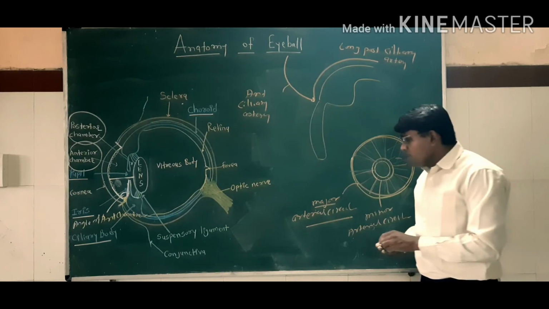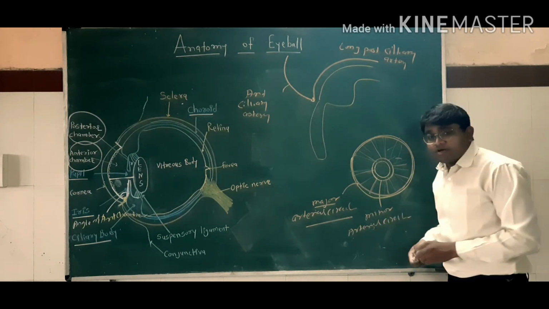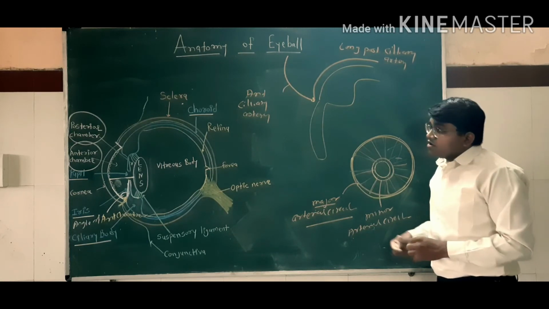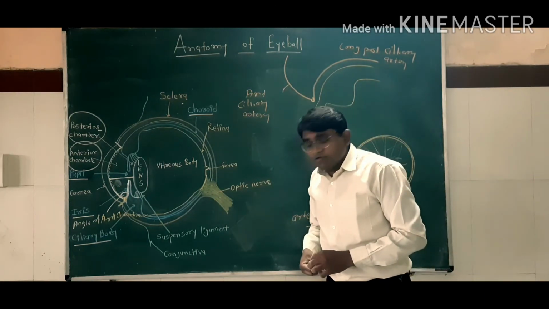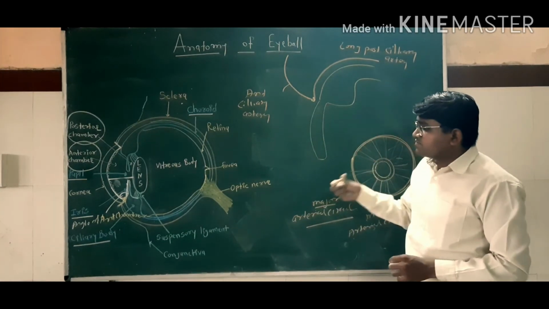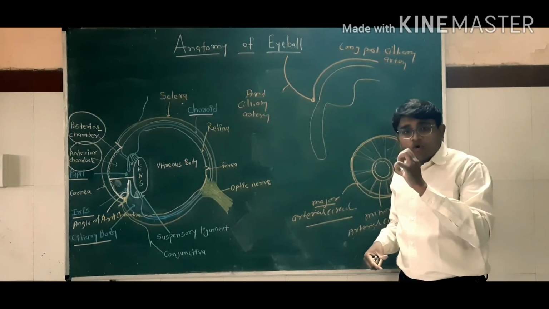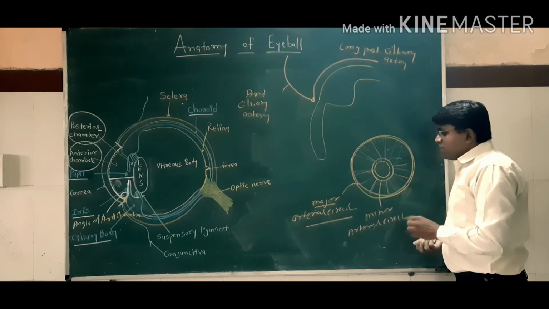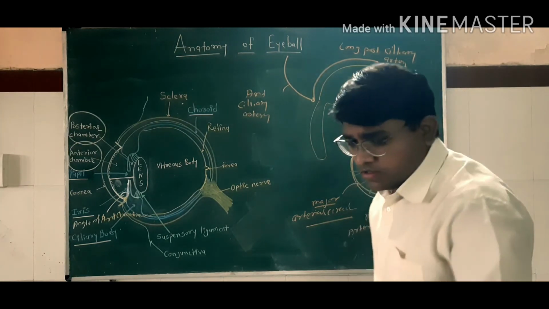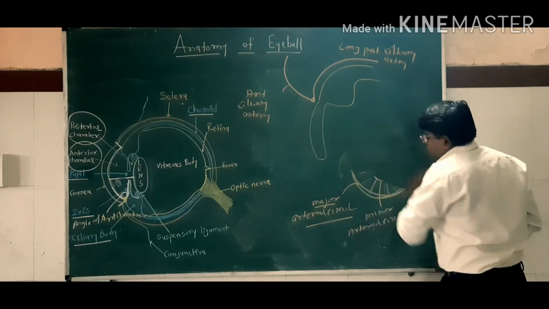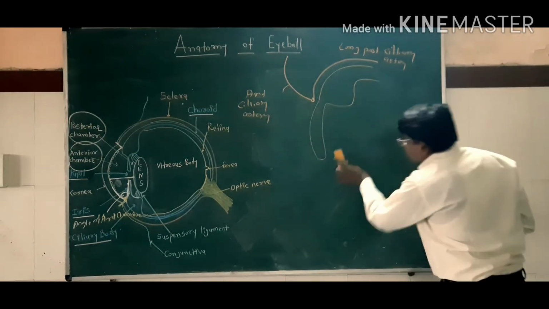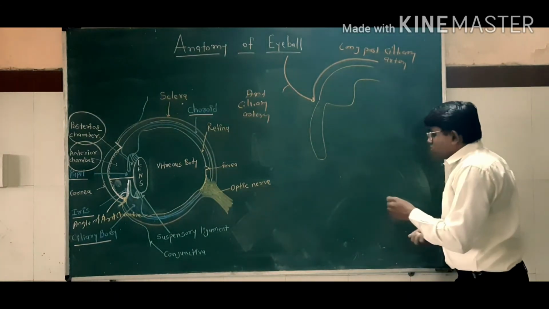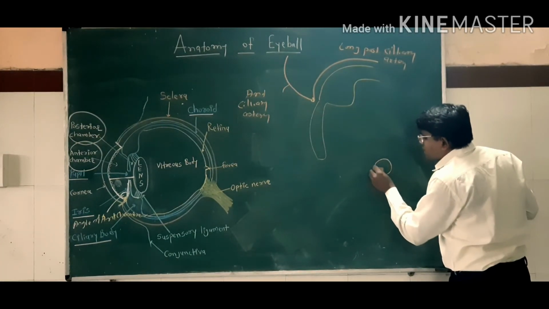Then there are also some muscle fibers which form the sphincter of the iris, which is responsible for the closure and opening of the pupil. Here there are two types of muscles, the sphincter pupillae and the dilator pupillae muscle. So where are the sphincter pupillae and dilator pupillae?